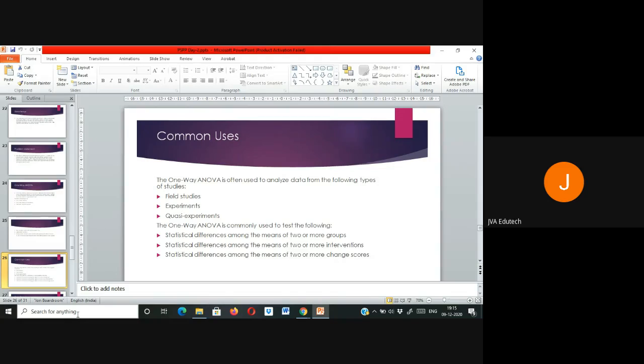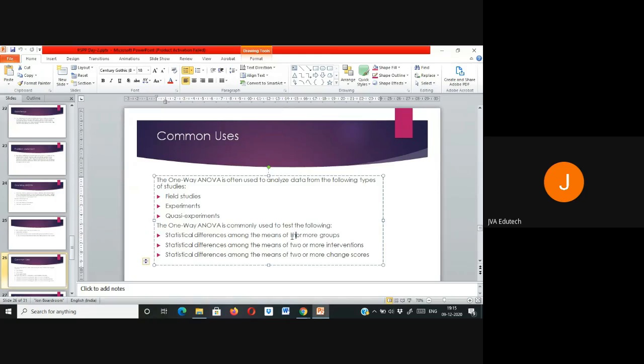Then also, when having more than two experimental groups, one-way ANOVA is used. So normally it is used to test the statistical difference among the means of two or more groups. Basically, if we write it as three, it will be better. Three or more groups.